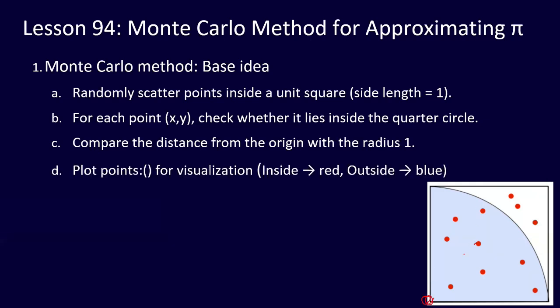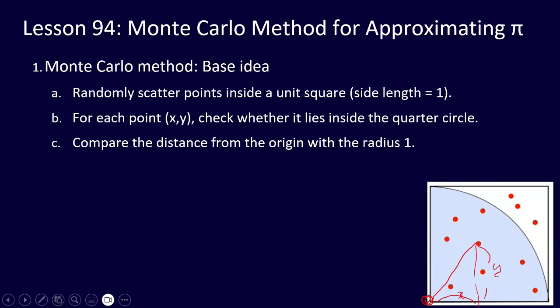So for each point, you know how to calculate the distance, right? We use mathematics to calculate the distance and then check whether it is inside the circle or not. Okay, let's go and start with it.